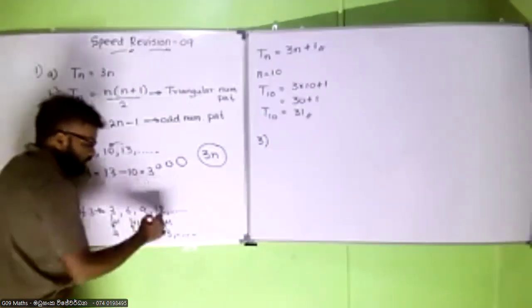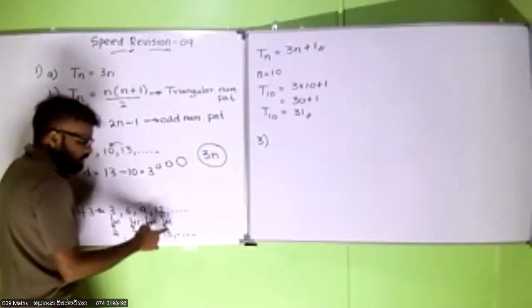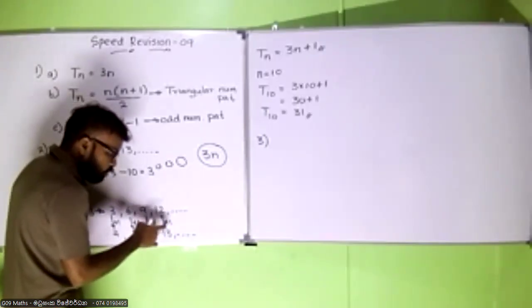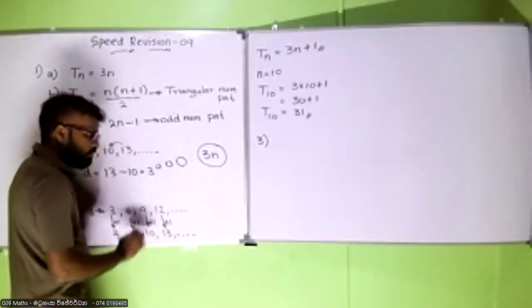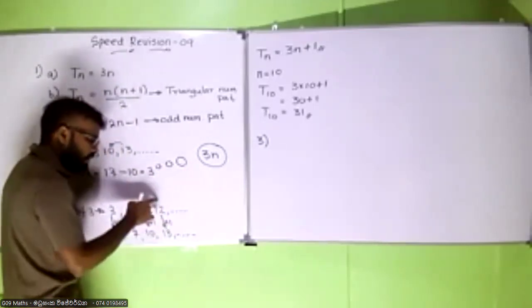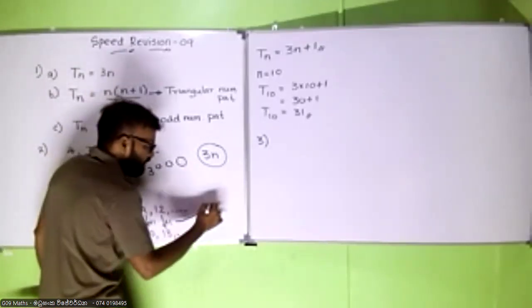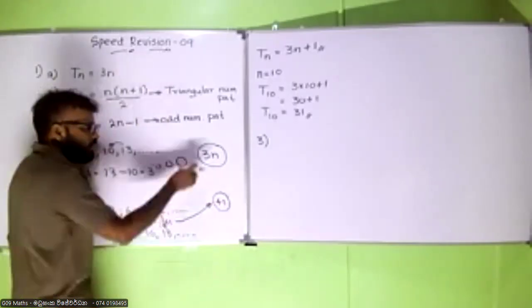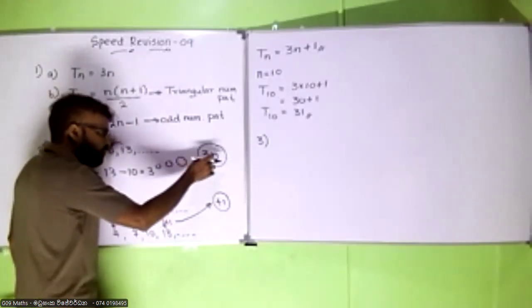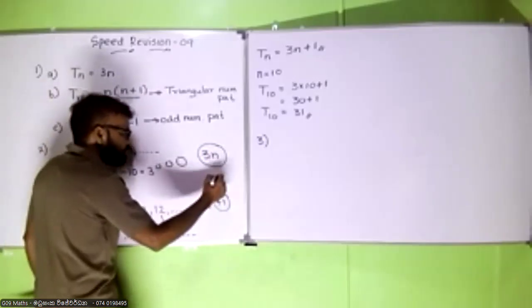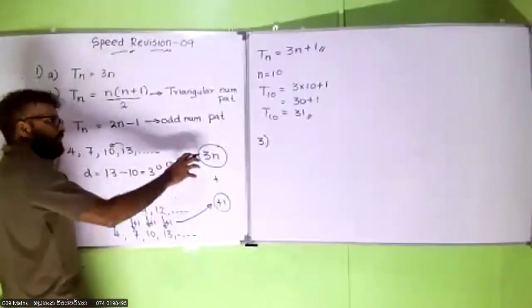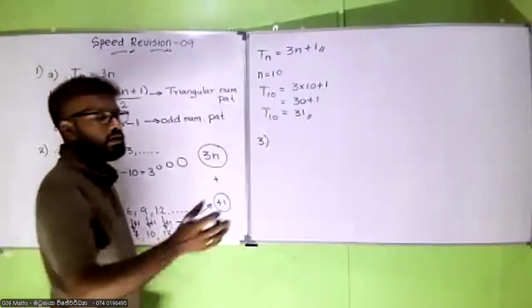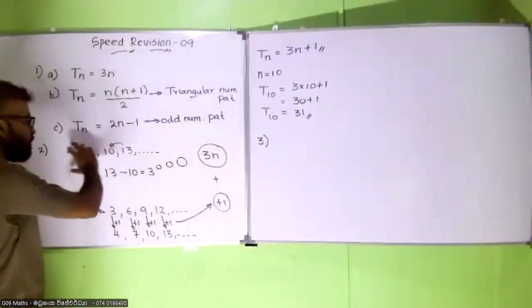So if you add this constant number 1 to your multiples of 3, 3n plus 1, you will get the general term of our given number pattern.